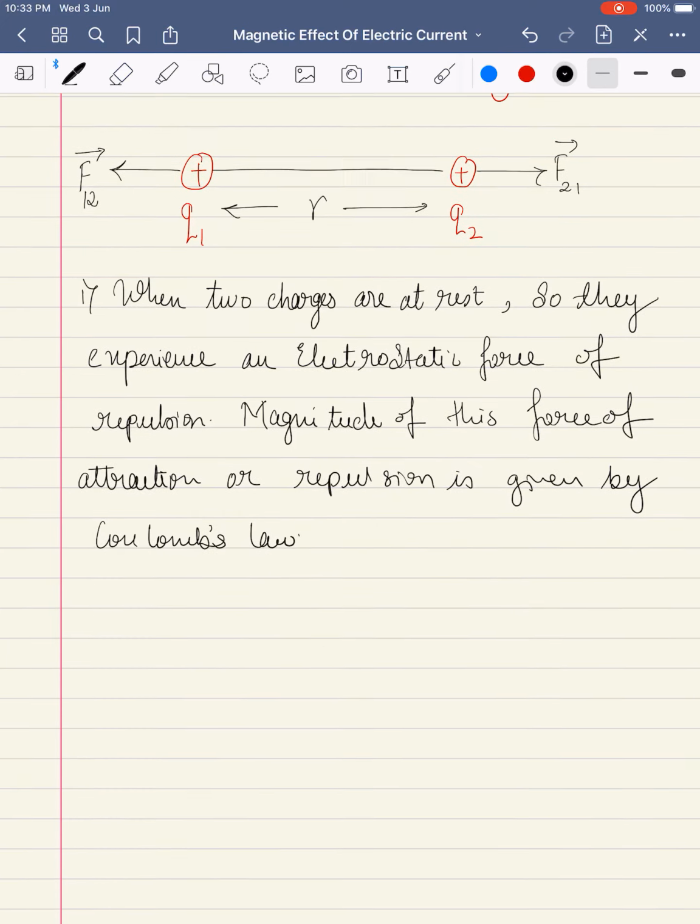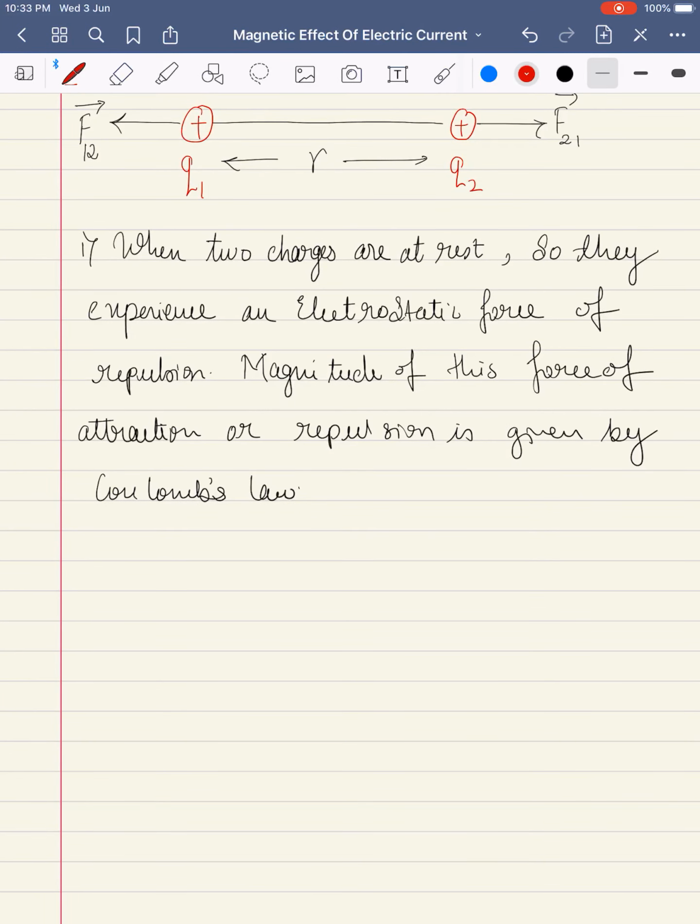Okay, but now let us consider that if one of the charge is moving with a velocity v1, and there is a second charge q2. So when one of the charge is moving in a particular direction, it not only creates an electrostatic force of attraction, but also it creates one more force.